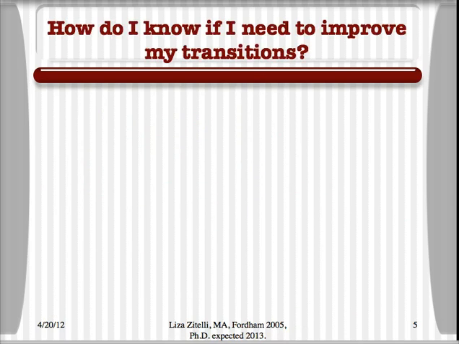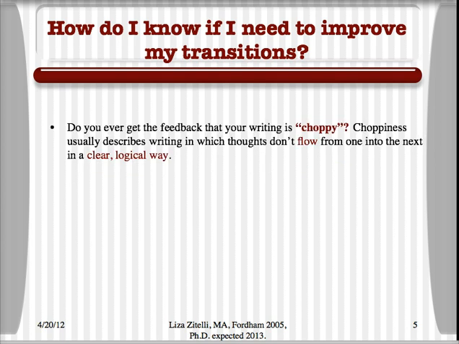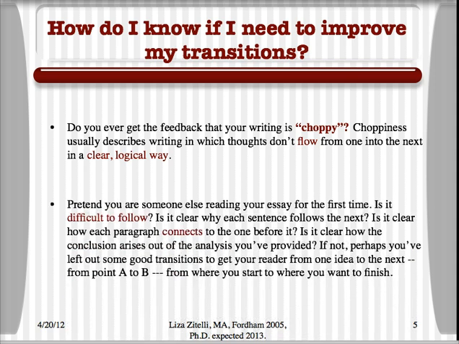How do you know if you need to improve your transitions? Do you ever get the feedback that your writing is choppy? Choppiness usually describes writing in which thoughts don't flow from one into the next in a clear, logical way. Pretend you are someone else reading your essay for the first time. Is it difficult to follow?